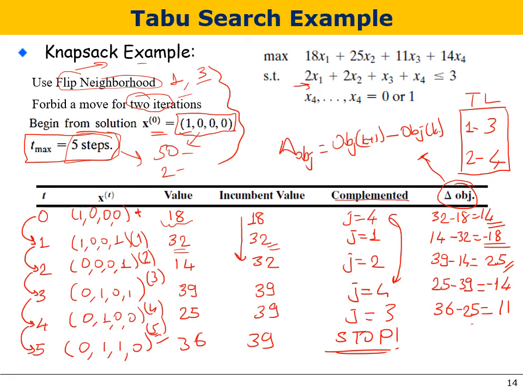Okay, you need to identify all of them, and while identifying those, you need to have a balance between intensification and diversification so that at the end you will end up with a good solution. Okay, so this is the end of our discussion on Tabu search algorithm.